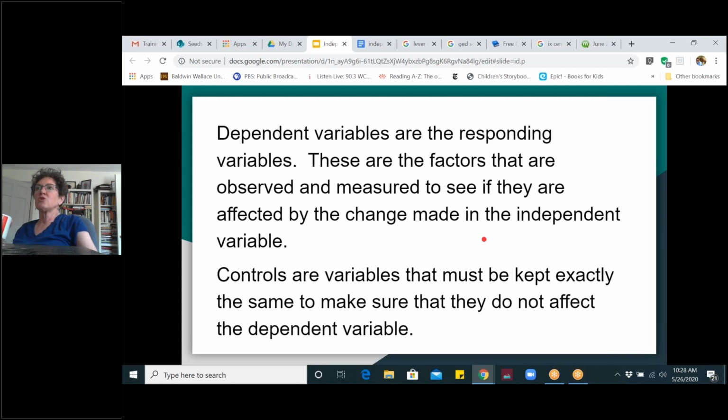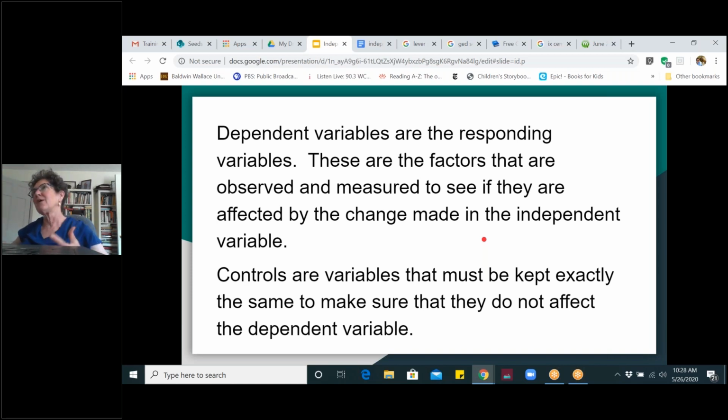Okay. So, yeah, I think the truth is that I just use the term the changes made by the experimenter. And that makes sense to me, but it can also be confusing because we're measuring the changes in the responding variables.